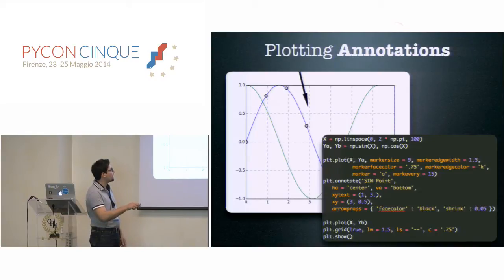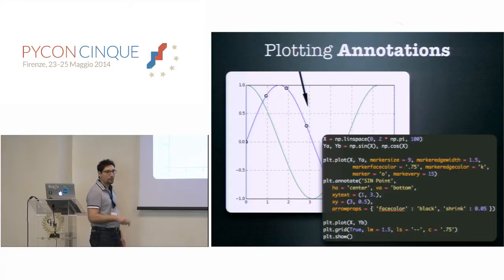We said that the marker size is 9, so the marker size controls the size of the markers. These are markers. We may change the edge width, the color of the marker. K stands for black. In particular, the edge color is black.